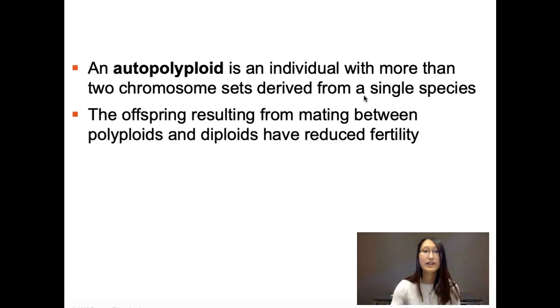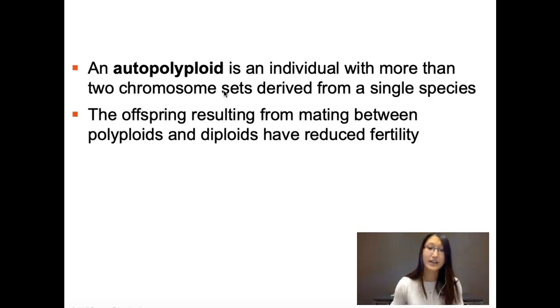And the offspring resulting from mating between polyploids and diploids have reduced fertility. So this is our reduced fertility. Our F1 generation is not going to be fertile.